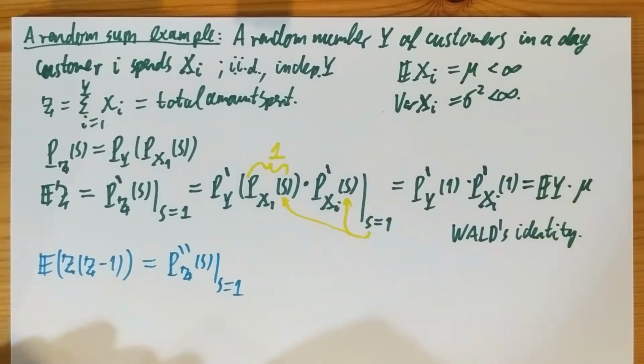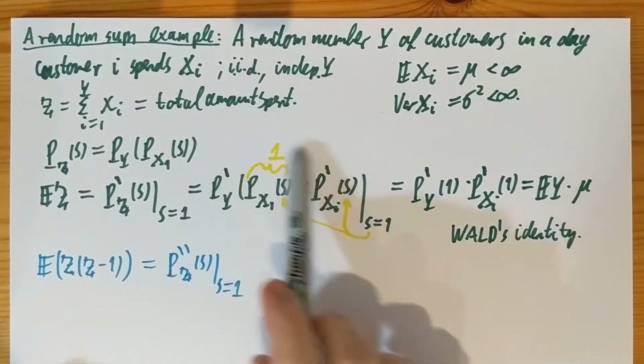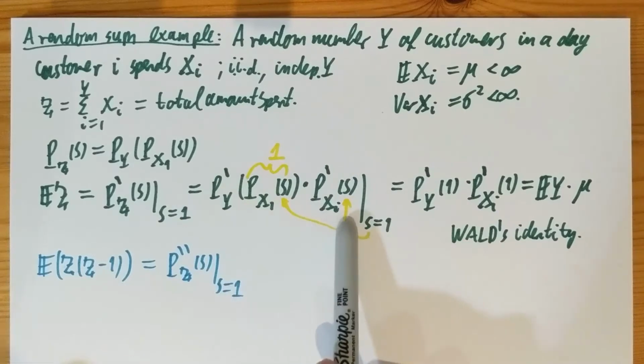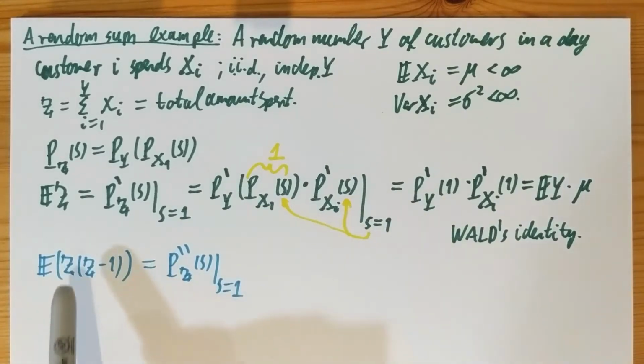This is again something which we covered before when introducing the generating function. So I already have my first derivative above. I need to differentiate this once more to get the second derivative, plug in s equals 1, and that will give me a formula for the second factorial moment.